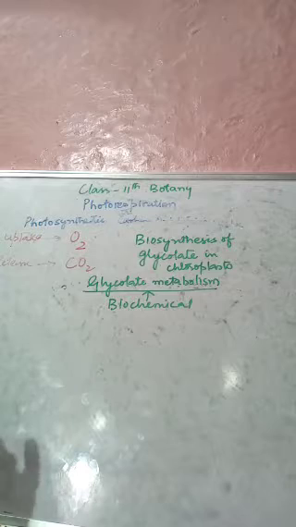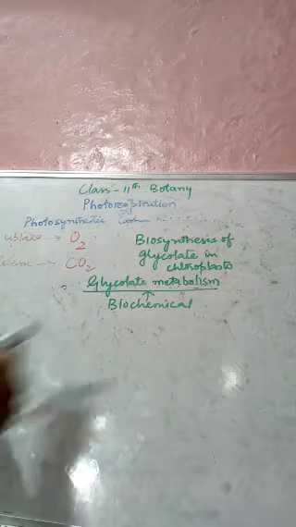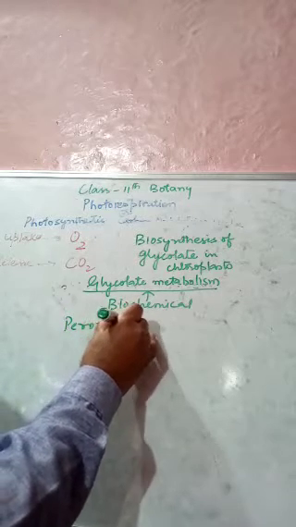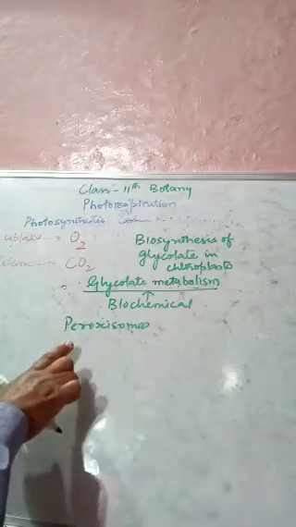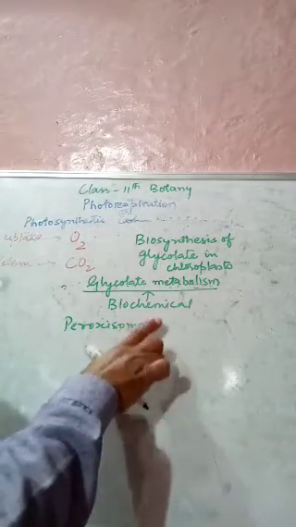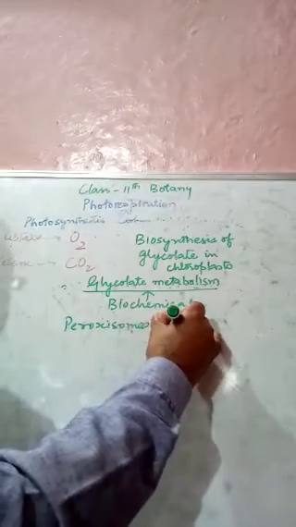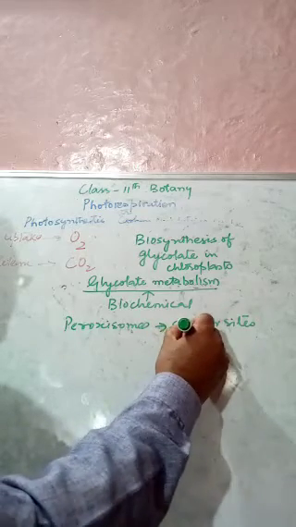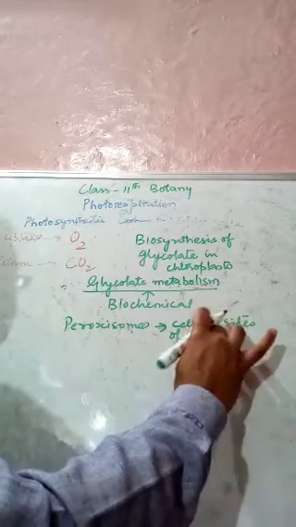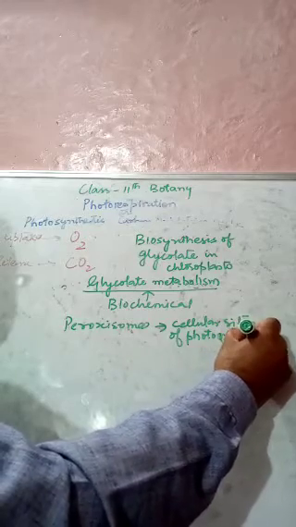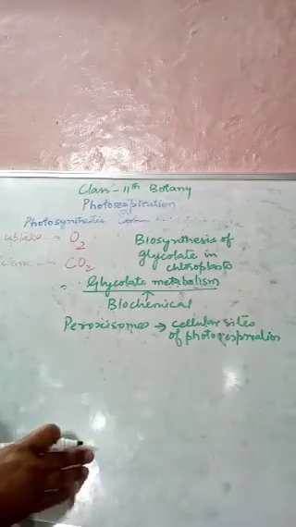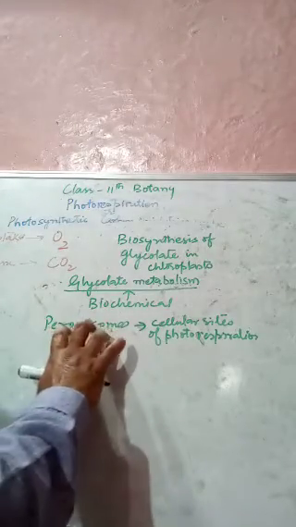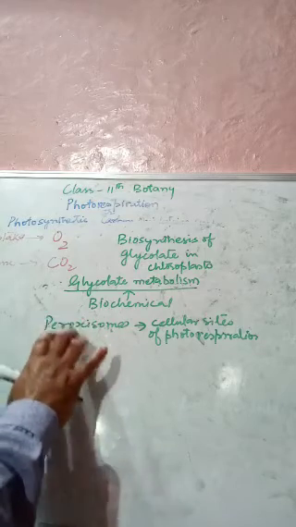There are some microbodies, mainly peroxisomes, that are considered to be the cellular sites of photorespiration. So we can say the process of photorespiration involves the chloroplast, the peroxisomes, and the mitochondria.